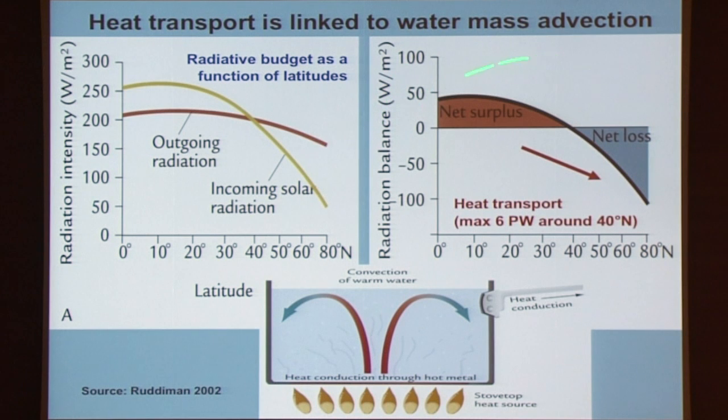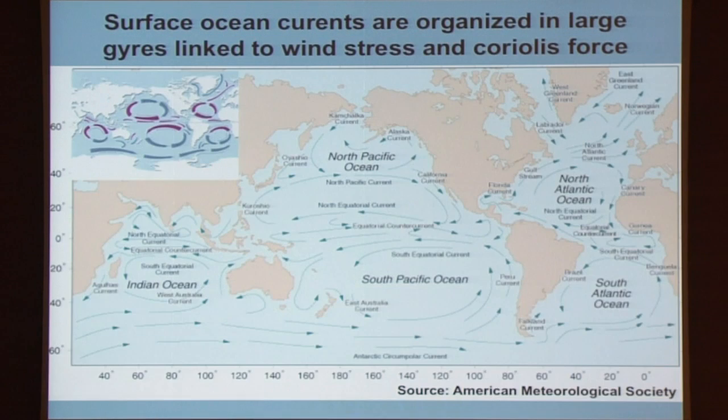So it makes the whole thing complicated, but clearly the main important thing is that there is a net heat transport between the low latitude and the high latitude, and it amounts to about 6 petawatts, 10 to the 15 watts, around 14 north and 40 south, and we will come back to that later.